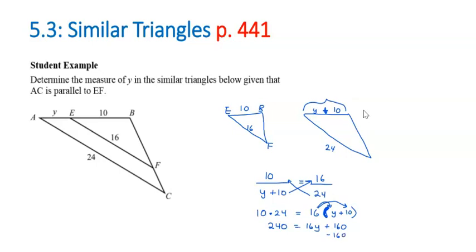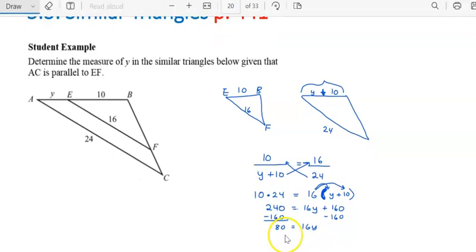We're going to subtract 160 from both sides, and that's going to give us 80 is equal to 16y. And now we can divide by 16 in order to isolate the variable. And 80 divided by 16 is 5. So y is equal to 5.